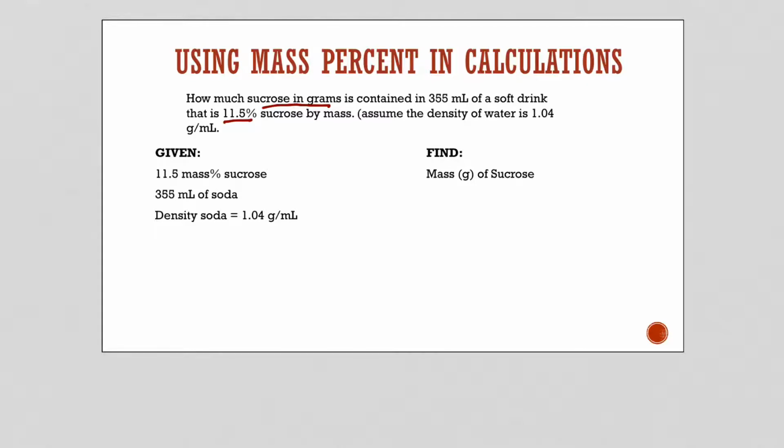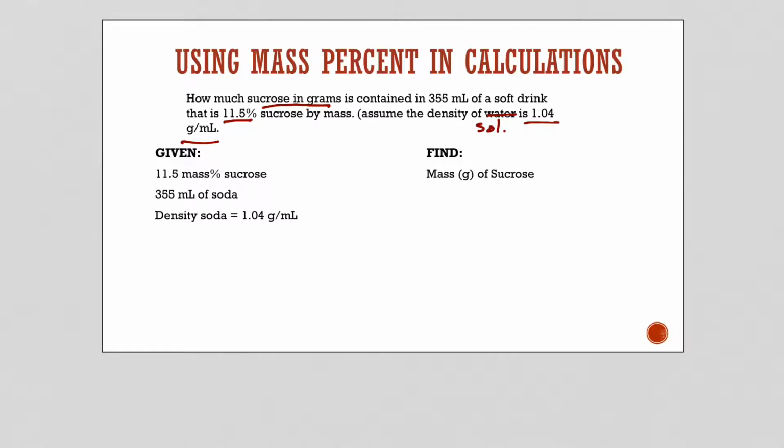Assume the density of our solution is 1.04 grams per milliliter. So this should be the density of solution, not the density of water. So we're trying to find the mass of grams of sucrose.